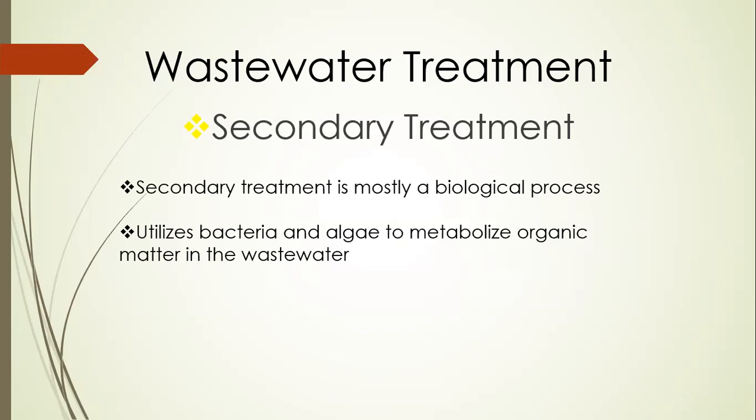So as I indicated, you can mostly see biological treatment processes associated with secondary treatment. In the biological treatment, mostly what we focus on is to use the bacteria, fungi, and algae also in metabolizing the organic substances in wastewater in the secondary treatment.